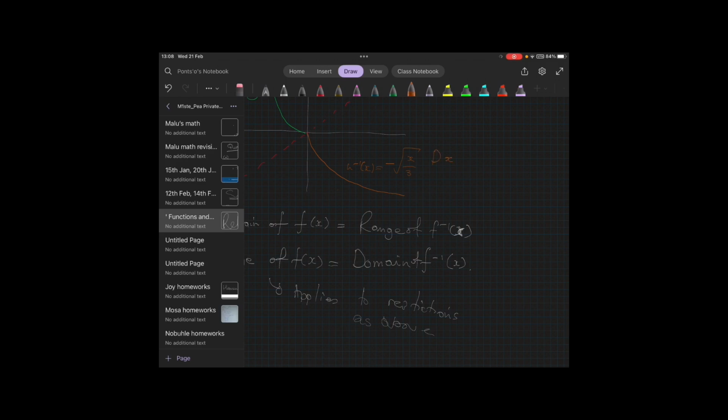For the orange function, domain would be x such that x is positive, right? And an element of real numbers, whereas the range is y less than 0, definitely, and an element of real numbers.